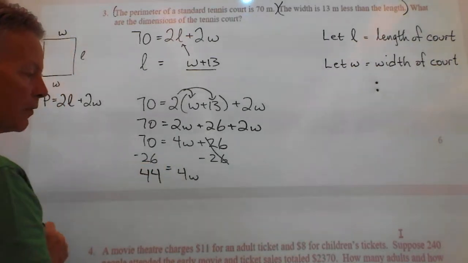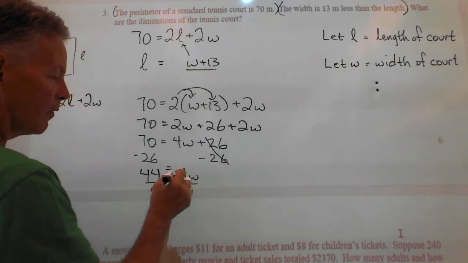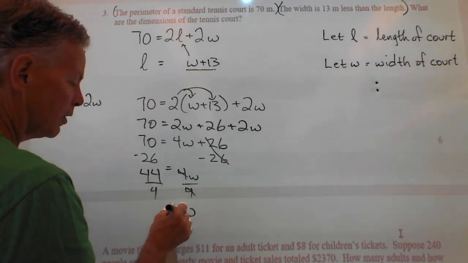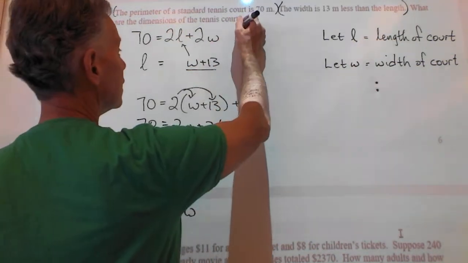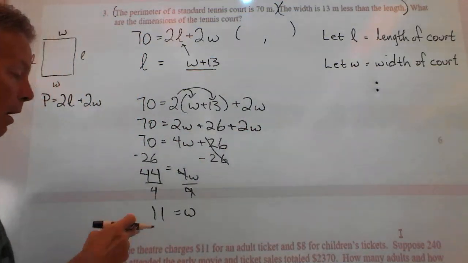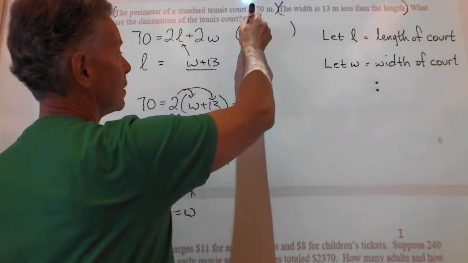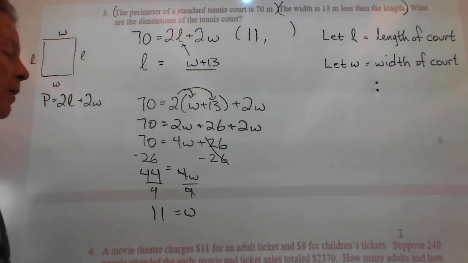So 44 equals 4W. And then our last step, divide both sides by 4, giving us W on one side and 11 on the other. So again, we're halfway there, okay? Our width is 11 meters.